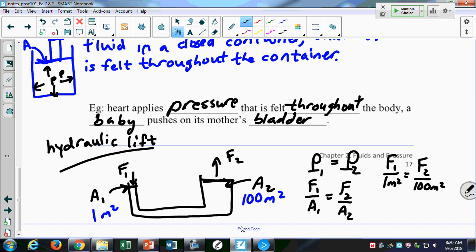Let's say that F1 is, I don't know, 100 newtons. So I have 100 newtons over 1 square meter is equal to F2 over 100 square meters. So what would F2 have to be? Is F2 going to be bigger or smaller than 100 newtons in order to make this side of the equation equal to this side?